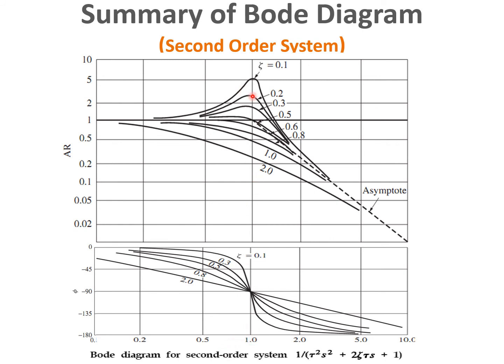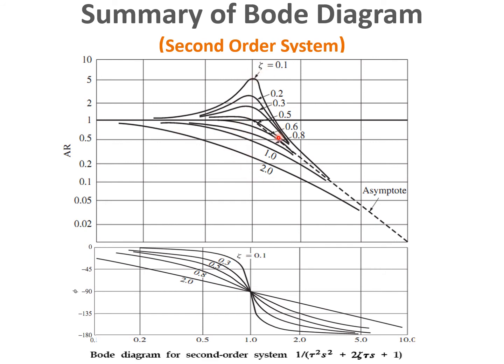Of course, second order also depends on zeta, so you have different plots for different zetas, but asymptotically it goes to the same values at the asymptotes. The only difference is in the middle, and especially at the corner frequency, which has the maximum change.